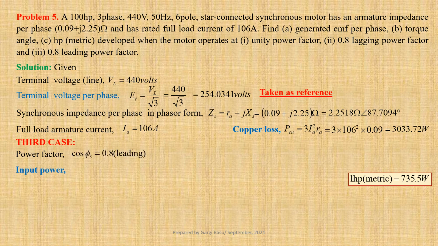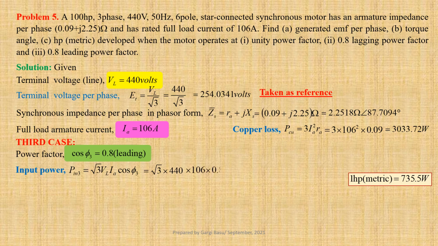Third case, when power factor cos phi 3 equals 0.8 leading. Input power P in 3 equals root 3 times VL into Ia cos phi 3. Using values we get root 3 into 440 into 106 into 0.8. That gives us 64,626.28 watts. Now we shall determine power factor angle.